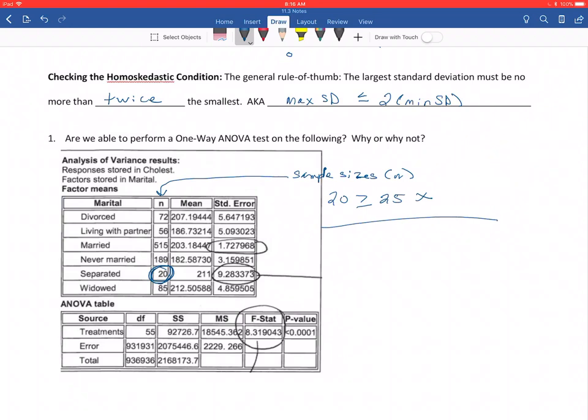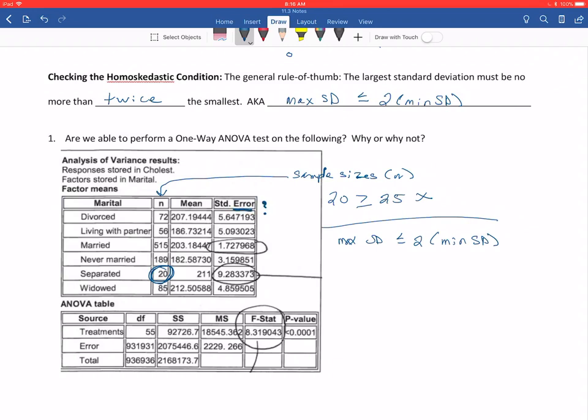The other one is that homoscedastic condition. We would need to check: is the max standard deviation less than or equal to twice the min standard deviation? Technically we are supposed to be using the standard deviations, but all they've given us here is the standard error. So do the standard deviations if you've got those.